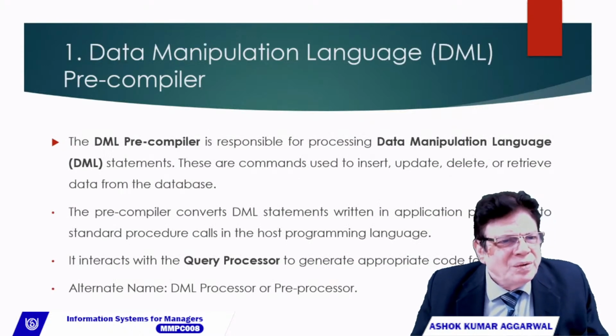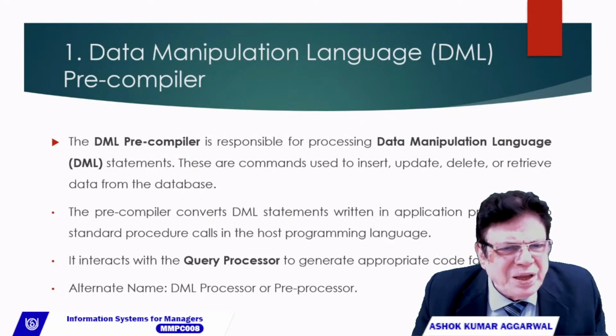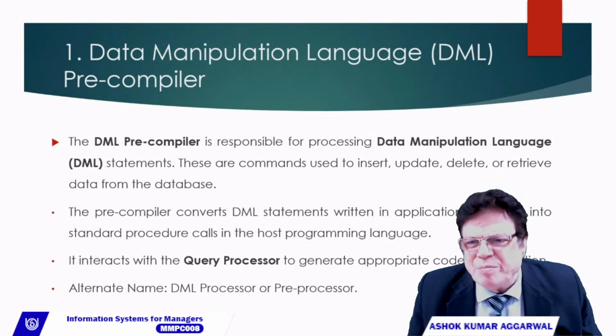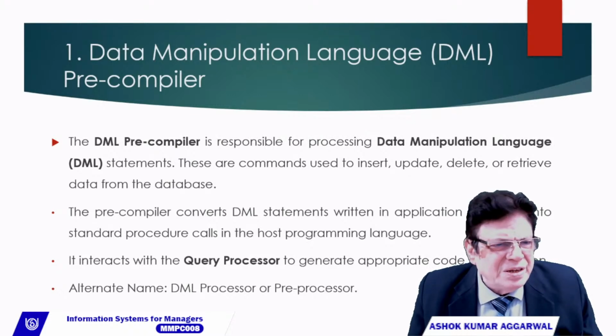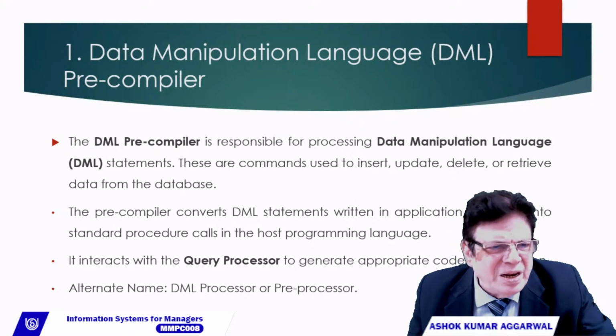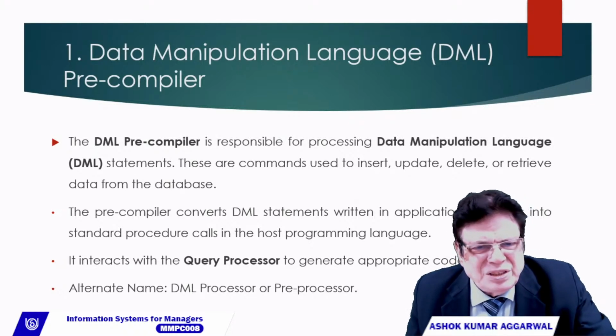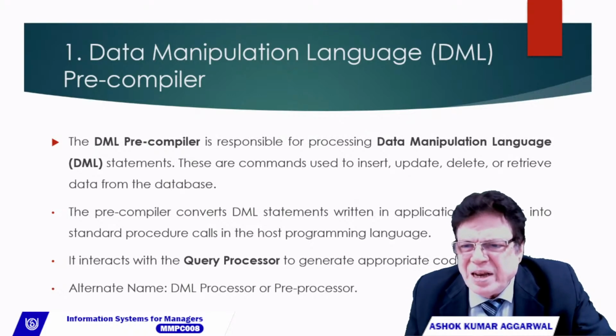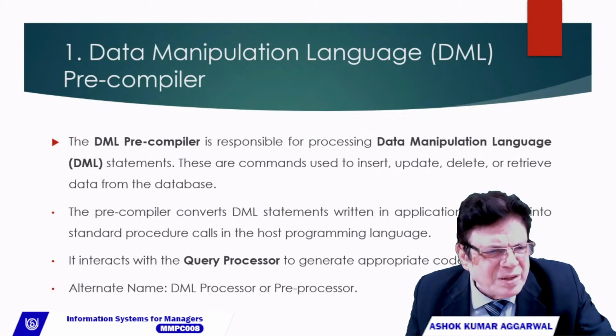The DML precompiler is responsible for processing data manipulation language, DML. How we write data manipulation language DML statements: these are commands used to insert, update, delete, or retrieve data from the database.